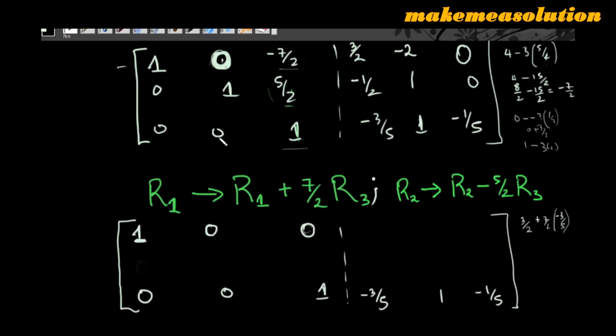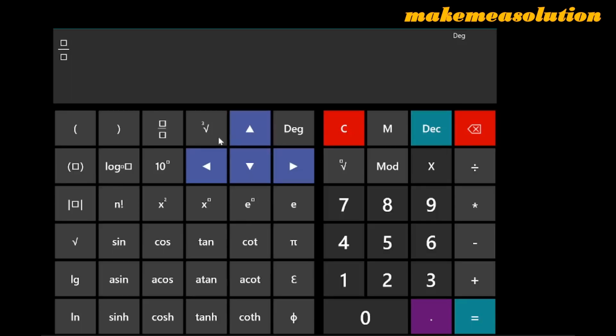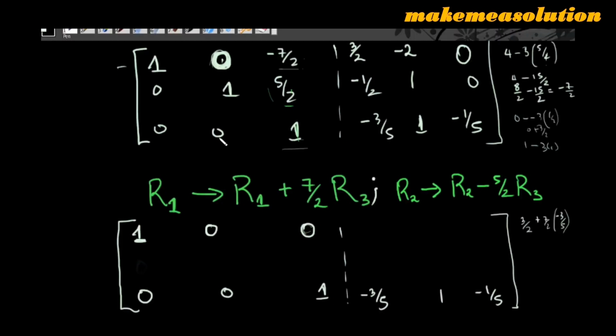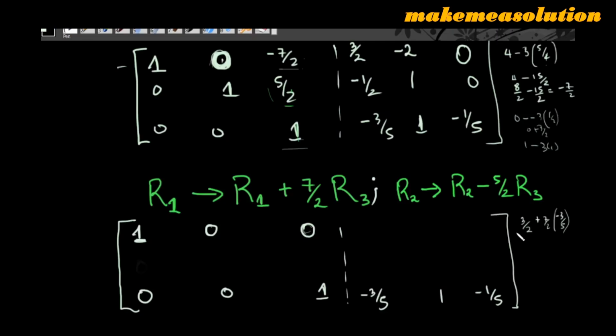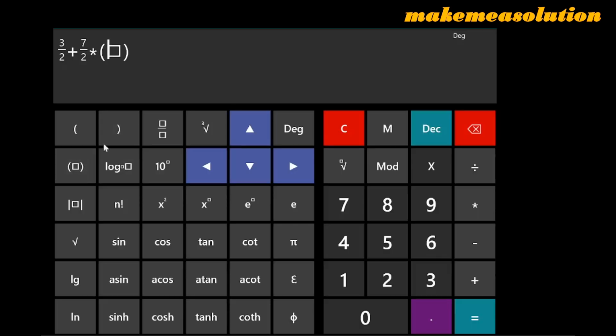So what we want to do is 3 over 2 plus 7 over 2 times minus 3 over 5. Okay, minus 3 over 5. So I have negative 3 over 5 there. That okay? So negative 3 over 5.